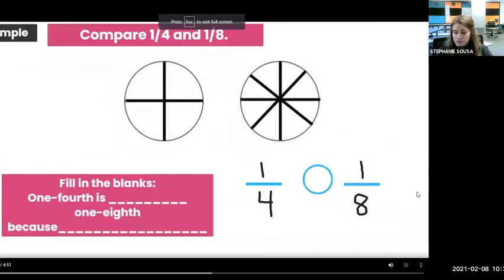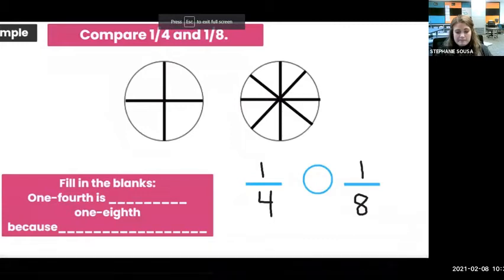In this example, we will compare 1/4 and 1/8 using a circle model. I have already partitioned these models into equal areas or equal parts. On the left, I will represent the first fraction given. I see that there are 4 equal parts, so I will label each part with the unit fraction.